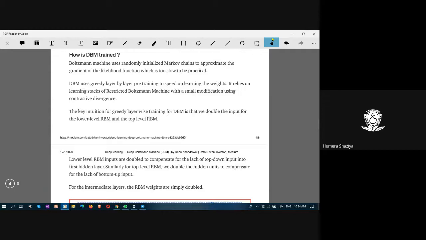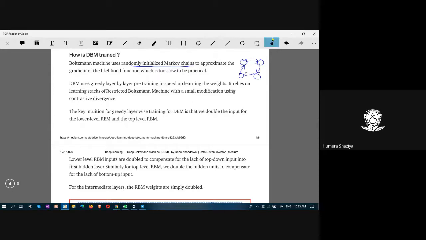How is this DBM trained? DBM is trained by using randomly initialized Markov chains. A Markov chain represents the events in this manner in some format.